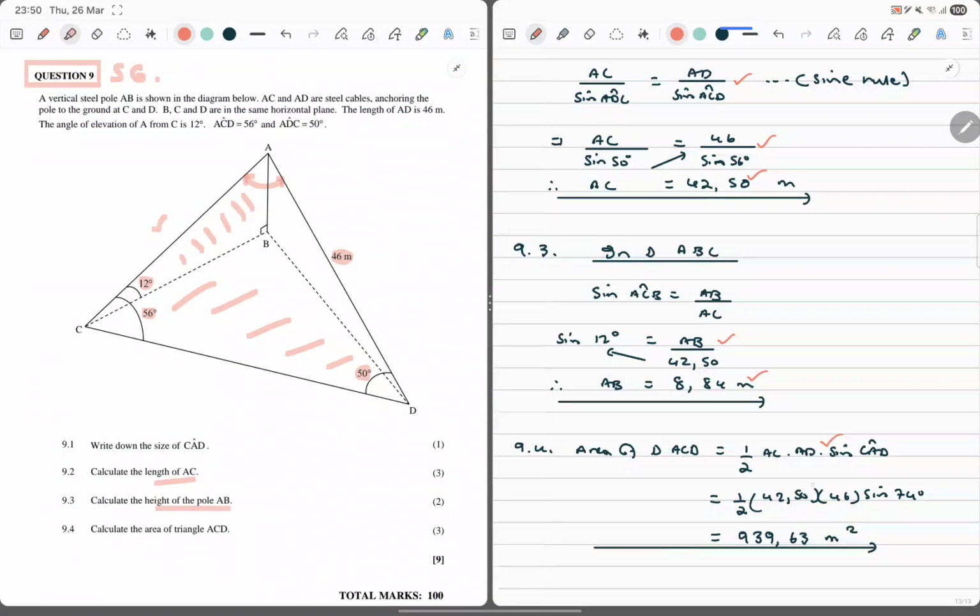So for setting this up, substitutions and answer in the correct manner. And of course, folks, we take it down to the wire, isn't it? So we enjoy our 9 marks for a total of 100 marks.